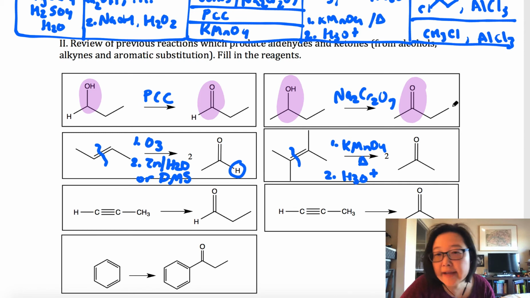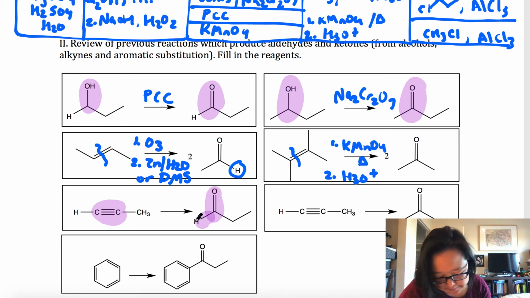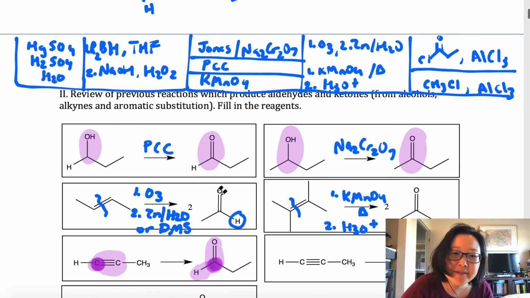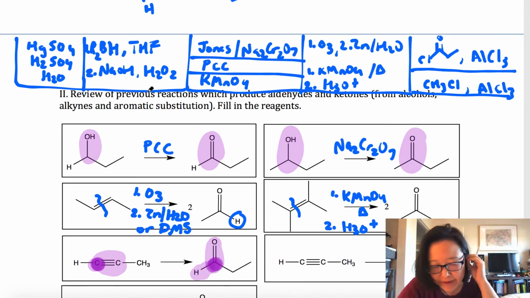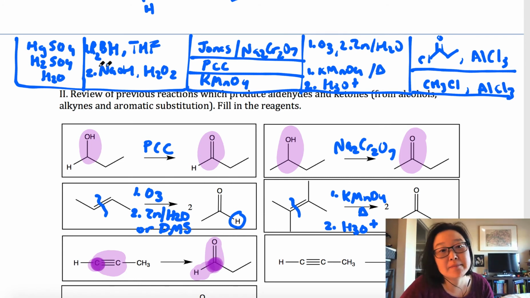Okay, so now for the next one, I've got an alkyne turning into an aldehyde. If you recognize that the less substituted carbon here is the one that's changing, then I want to decide between Markovnikov or anti-Markovnikov. Well, hopefully you remember that addition to the less substituted carbon means anti-Markovnikov.